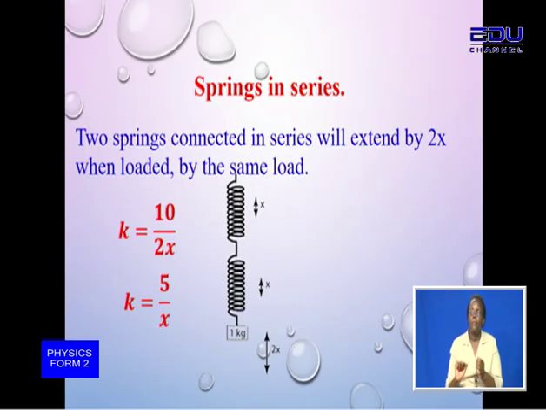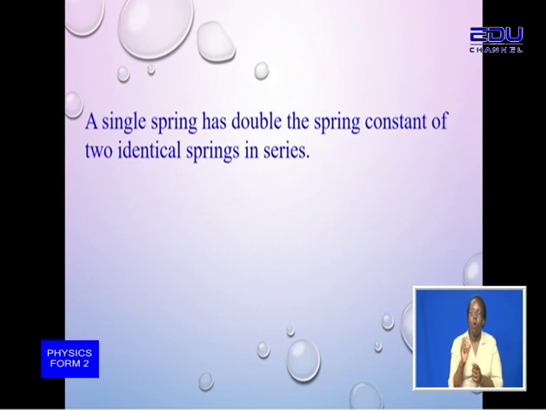The two springs have a spring constant with less value than the spring on its own. So a single spring has double the spring constant of two identical springs in series. All right.